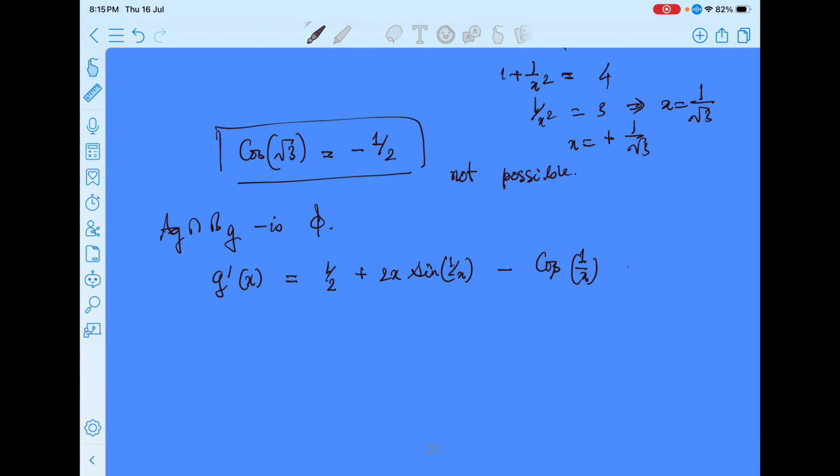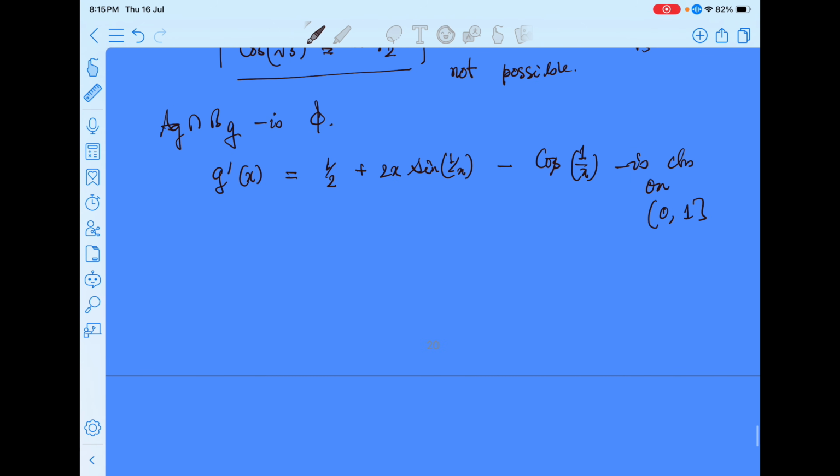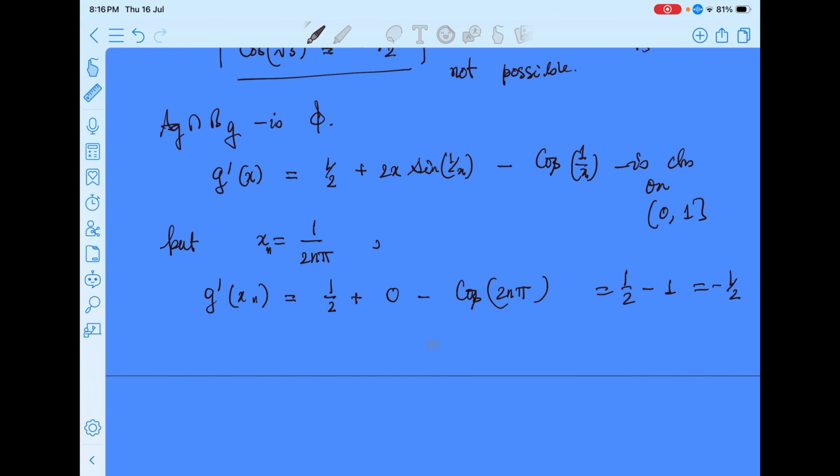Now clearly this function is continuous on the open interval (0, 1), because it is continuous on open 0 and closed 1. So now put x equal to 1/(2nπ), let's say x_n is this, g'(x_n) is half plus, so 1/x would be 2nπ, so sin(2nπ) is 0, minus cos(2nπ), right? So we know cos(2nπ) is 1, so half minus 1, which is minus half.